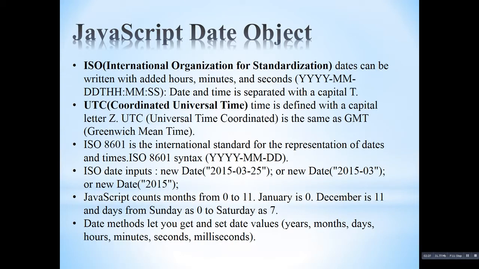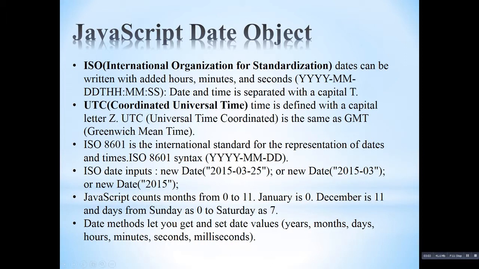Dates are calculated in 2 formats. One is the ISO format, for International Organization for Standardization, and another is UTC, Coordinated Universal Time. In ISO format, dates can be written with added hours, minute and second, like Y, M, D and T, where T is the separator between the date and time.